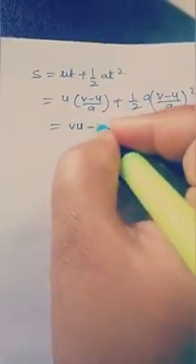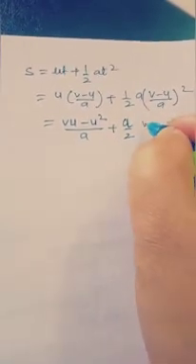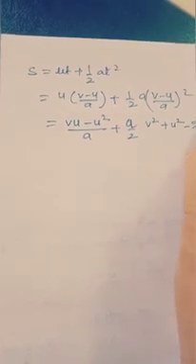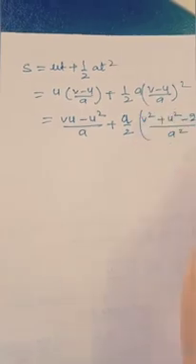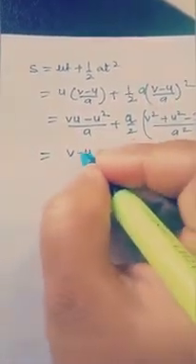We will be writing v u minus u square over a, plus half, or you write a by 2, times v square plus u square minus 2uv according to the formula, upon a square. Now let us see ahead.